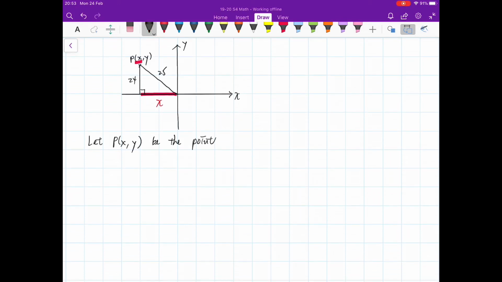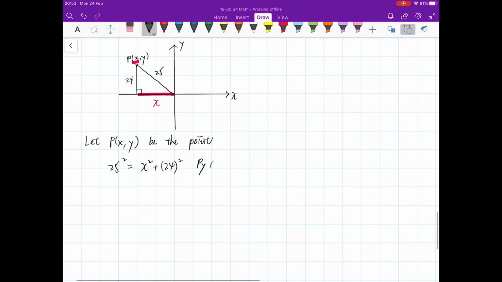So therefore, we have to apply the Pythagoras theorem. The square of 25 is equal to the square of x plus the square of 24.